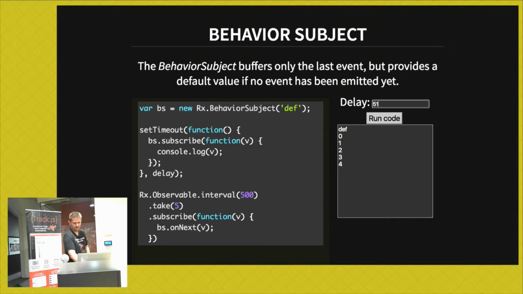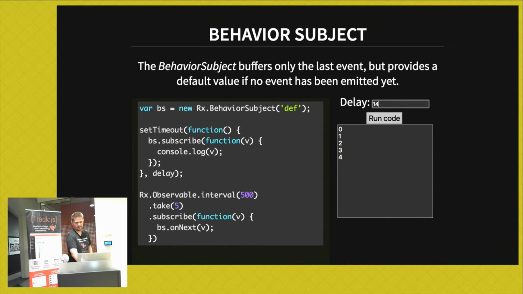If I now go to 510 milliseconds, you can guess what's happening. This one will have emitted an event, so I have a buffer of 1, which is my last number, and then 0, 1, 2, 3, 4.